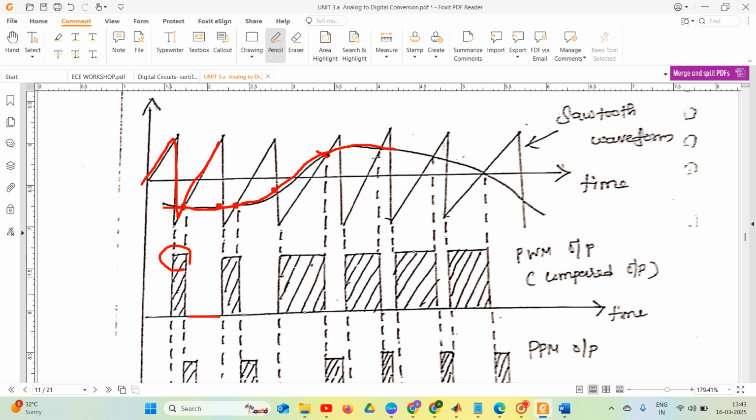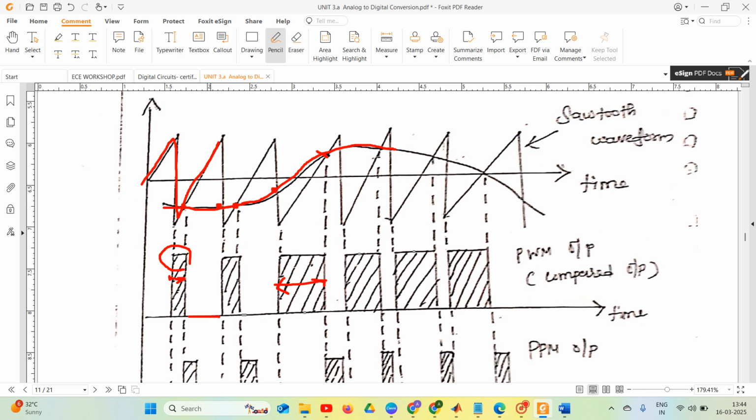Here my pulse width is very small when compared to this one. How does it vary? It entirely depends on the condition of the sawtooth signal and the modulating signal. For the lower value of amplitude of our sinusoidal signal, I will get minimum pulse width.